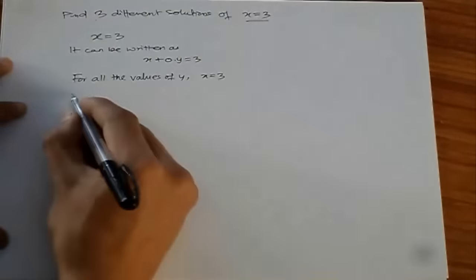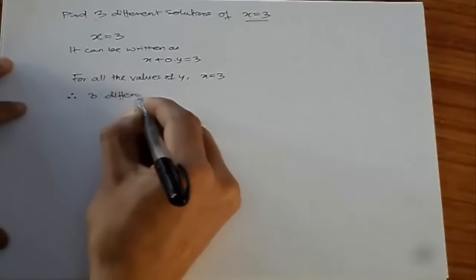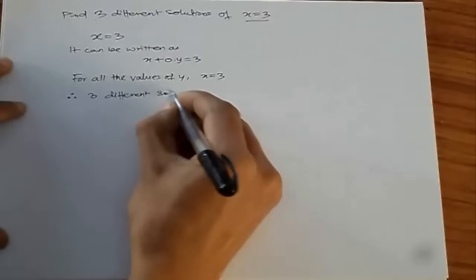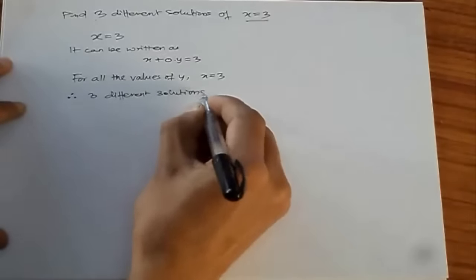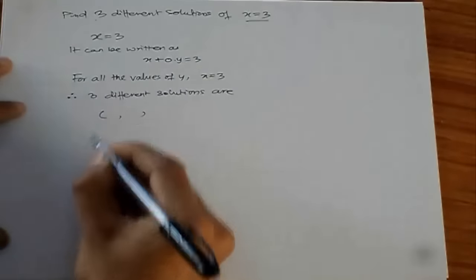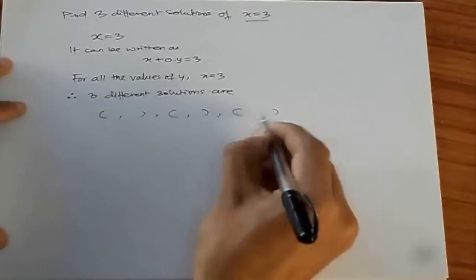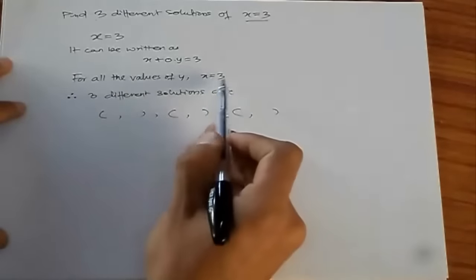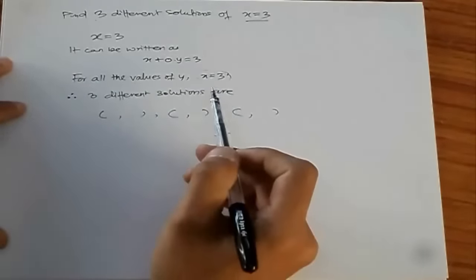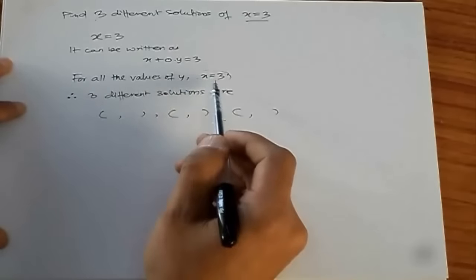So it's very simple. Therefore, 3 different solutions are, okay, solutions we write as ordered pairs. We need 3 ordered pairs, right? Now here the x value is fixed, so for any value of y, x will remain 3.